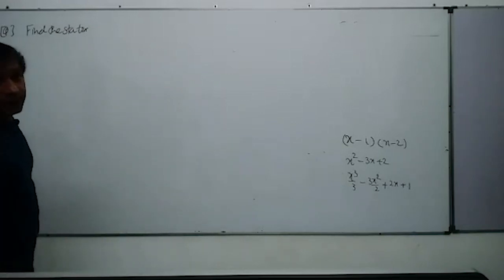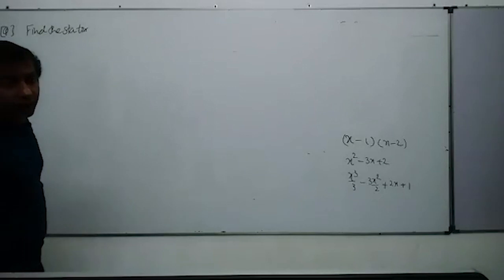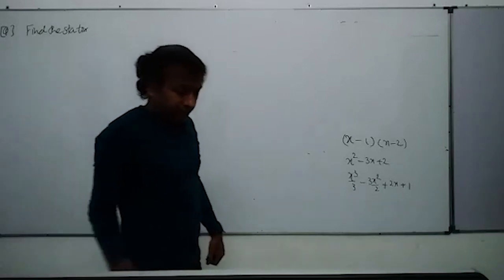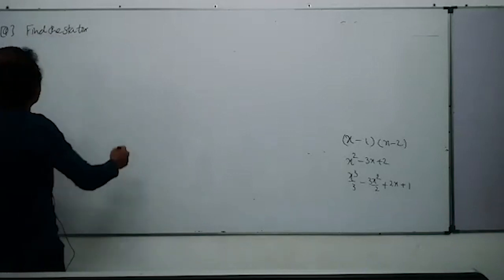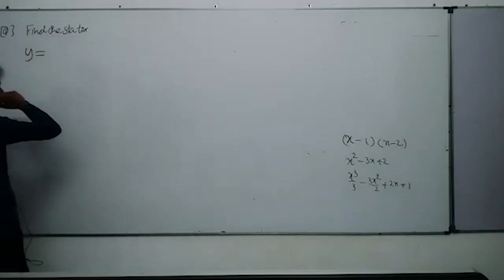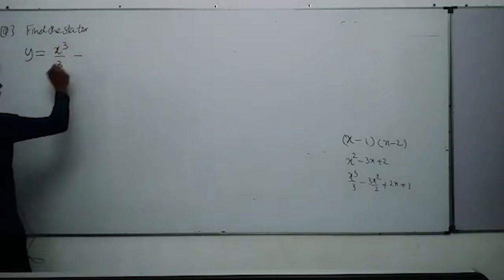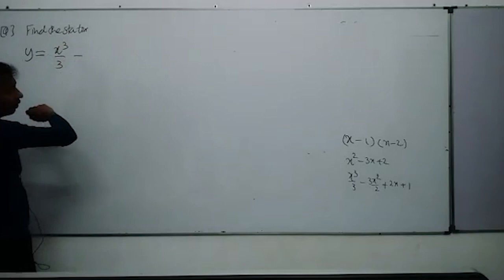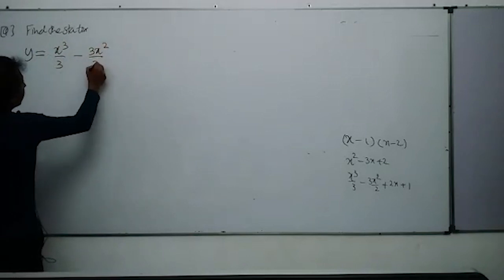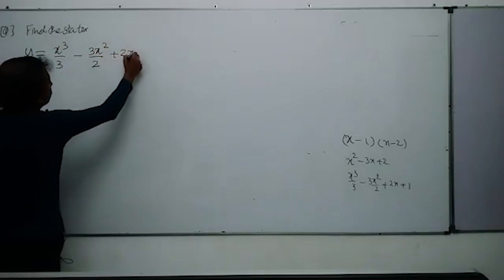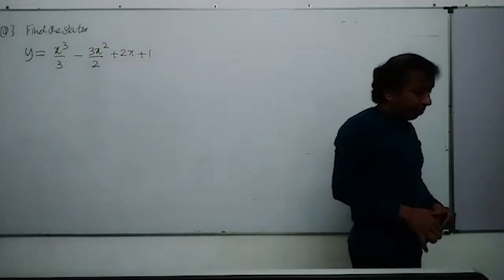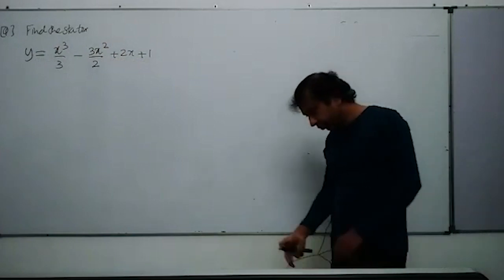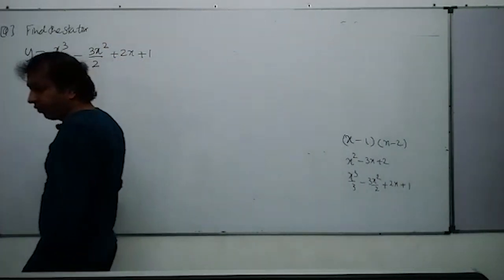Find the stationary points and their nature of the curve with the equation y equals x cube divided by 3 minus 3x squared by 2 plus 2x plus 1, by using the first derivative.